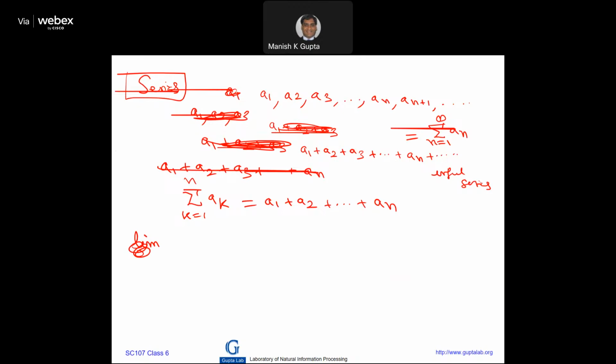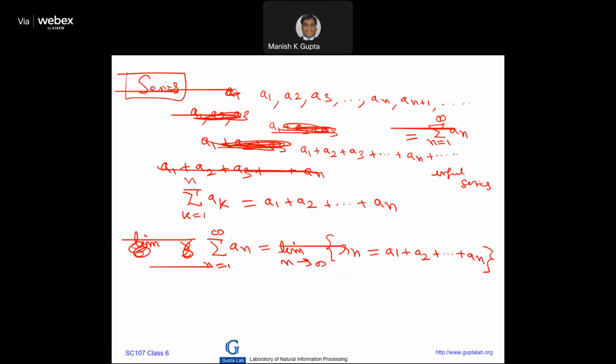A1, A2, A3, you can keep on summing. So when we say the series is convergent, we are able to find the sum, summation n is equal to 1 to infinity, which is nothing but the limit as n tends to infinity of Sn, which is the sum of n terms. If this exists, we say that the series is convergent.